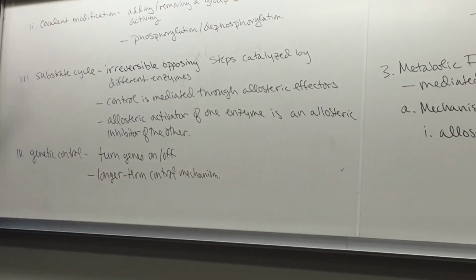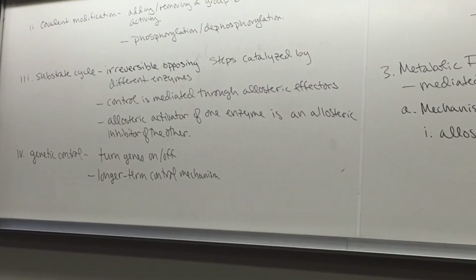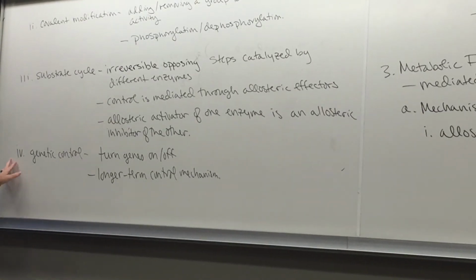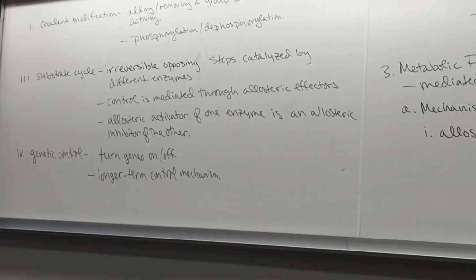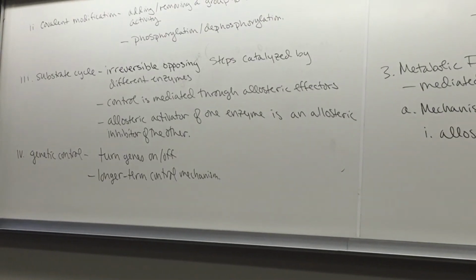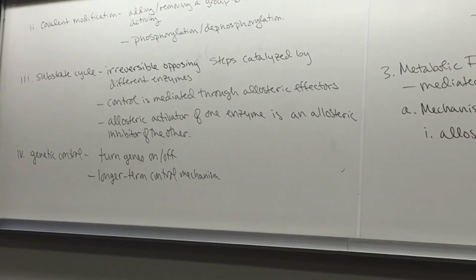So the first three are really the ones that we're going to talk about the most, because they can be activated very, very quickly. Genetic control to turn genes on and off is a little bit longer term sort of a commitment for the organism. But I want you to be aware that that's going on in the background as well. So it's not necessarily going to be something that we talk about, but it is a component of the regulation.